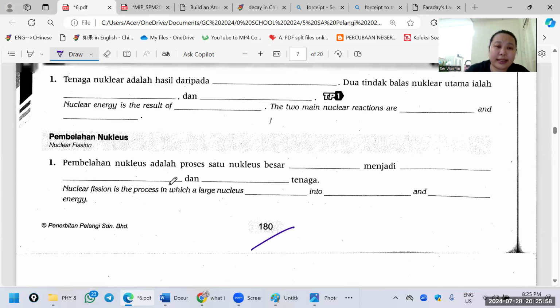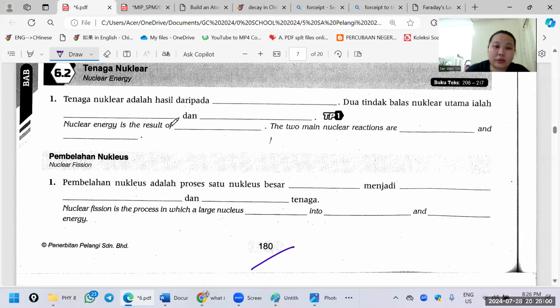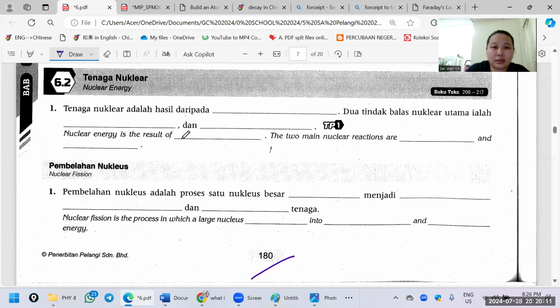Okay, now nuclear energy. So nuclear energy is the result of what? The result of nuclear radioactivity.